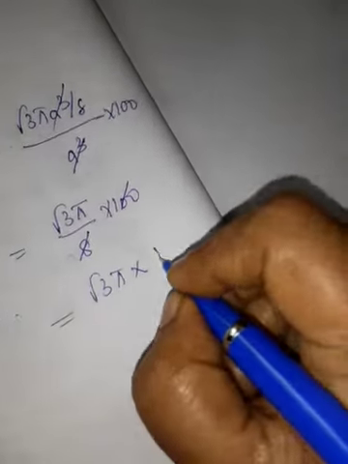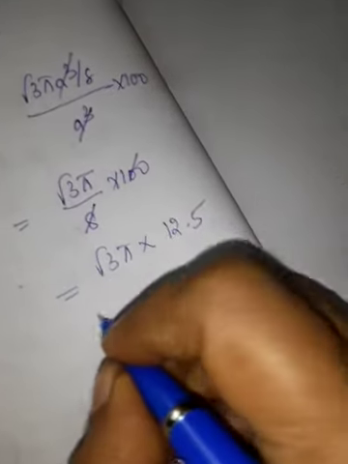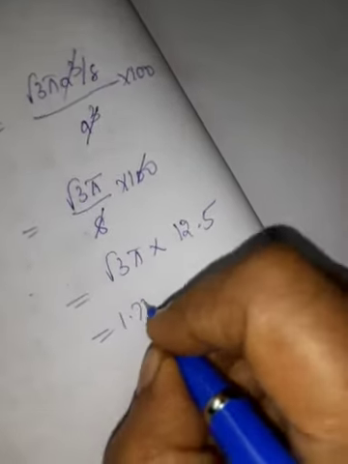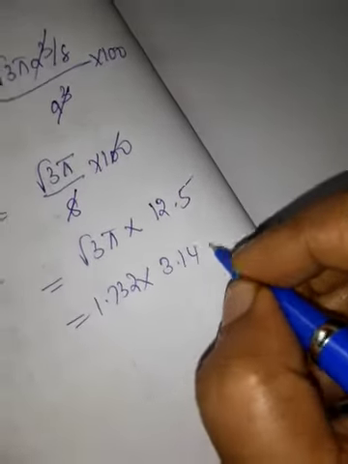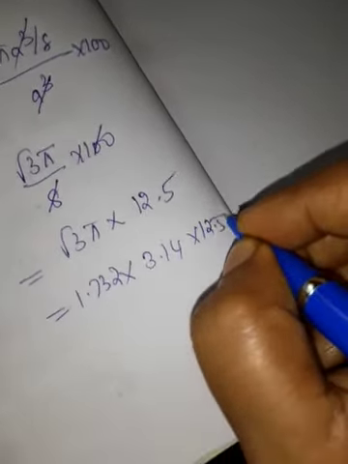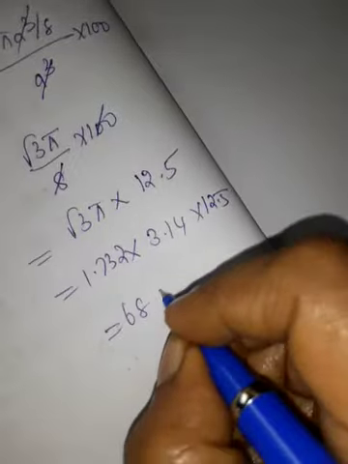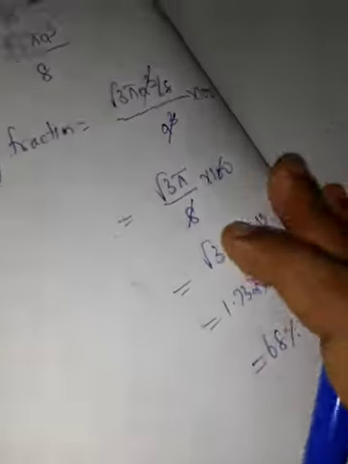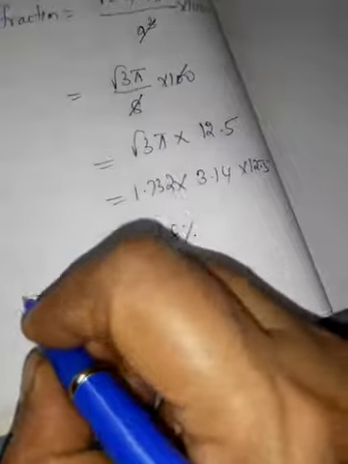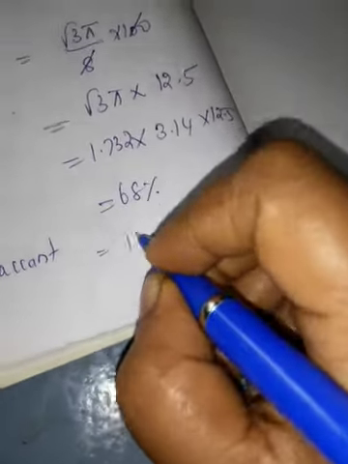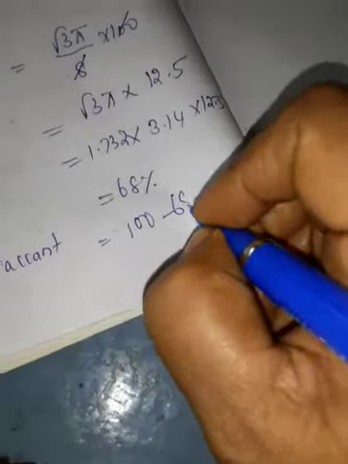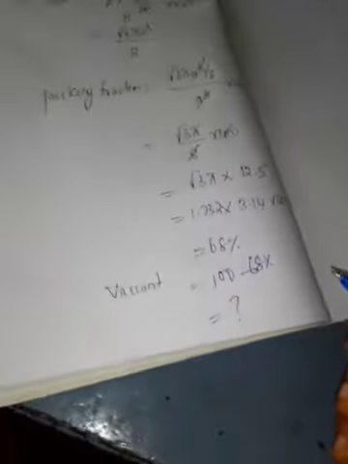Dividing, we get 12.5. Root 3 value 1.732, pi value 3.14, into 12.5, that is 68%. The spheres occupy 68% of the unit cell. So what is the vacant space? Vacant space is equal to 100 minus 68 percent. That only gives the remaining space.